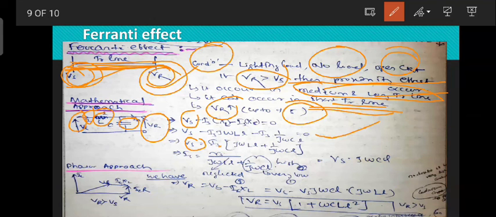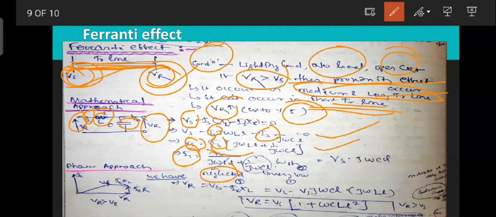By taking the current in common, we'll get j omega L plus 1 by j omega C. Then Vs divided by this, coming to our denominator. So j omega L plus 1 by j omega C will come to our denominator.